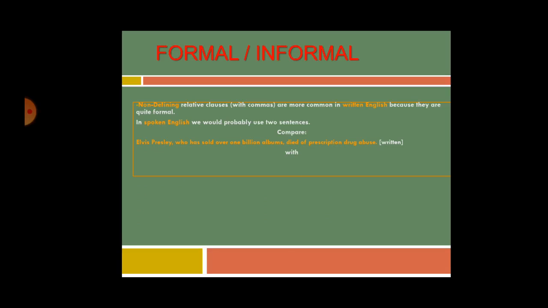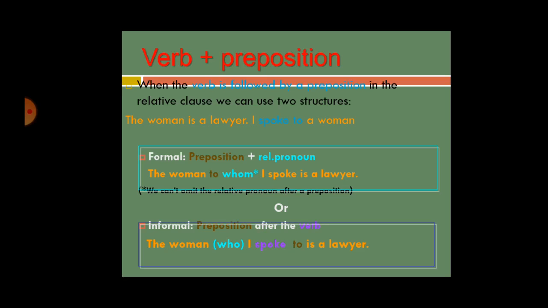Now, how we speak: Elvis has sold over 1 billion albums. He died of an overdose. This is the spoken sentence. Now, verb plus preposition. When the verb is followed by a preposition in a relative clause, we can use two structures. The woman is the lawyer.